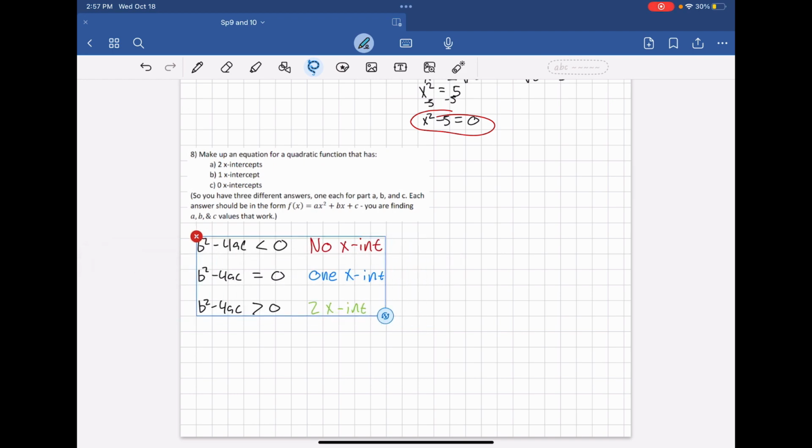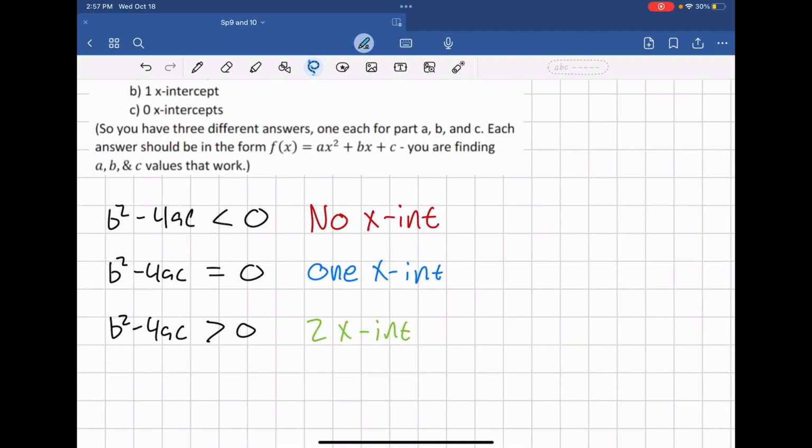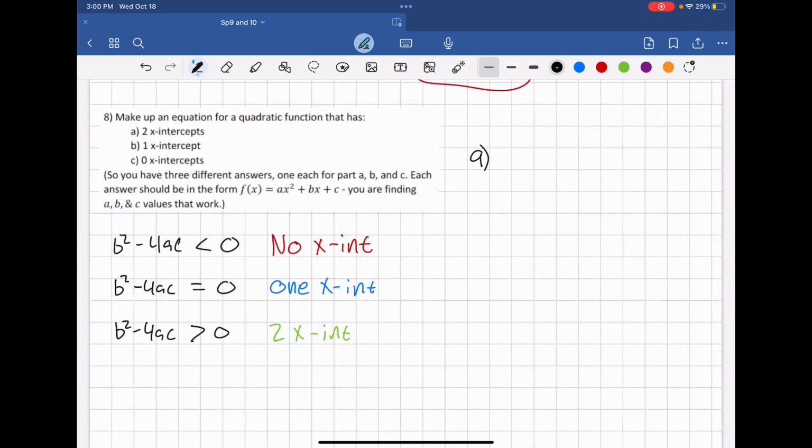This all is determined by the discriminant, or b squared minus 4ac. And so if it's less than 0, that's no x-intercepts. If we have b squared minus 4ac is equal to 0, then we have 1 x-intercept, and b squared minus 4ac is greater than 0, that's 2 x-intercepts, right?